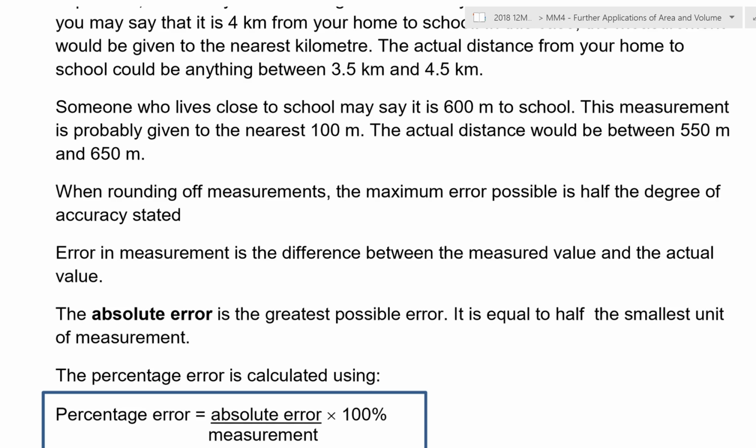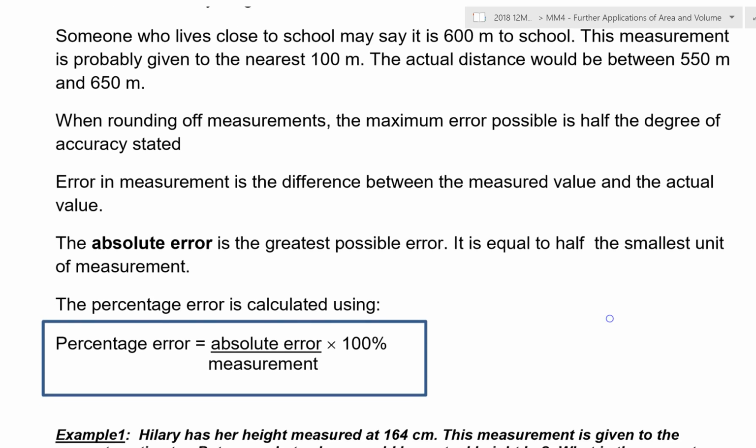If maybe you've got one of those old rulers that you might have had in Year 5 and 6 at school, that has half centimetre graduations, or 5 millimetre graduations, with a little tick mark in between each centimetre, then your absolute error is plus or minus 2.5 millimetres. So remember this: absolute error is plus or minus half of the smallest thing you can measure with your ruler. Okay, that's absolute error. Percentage error?